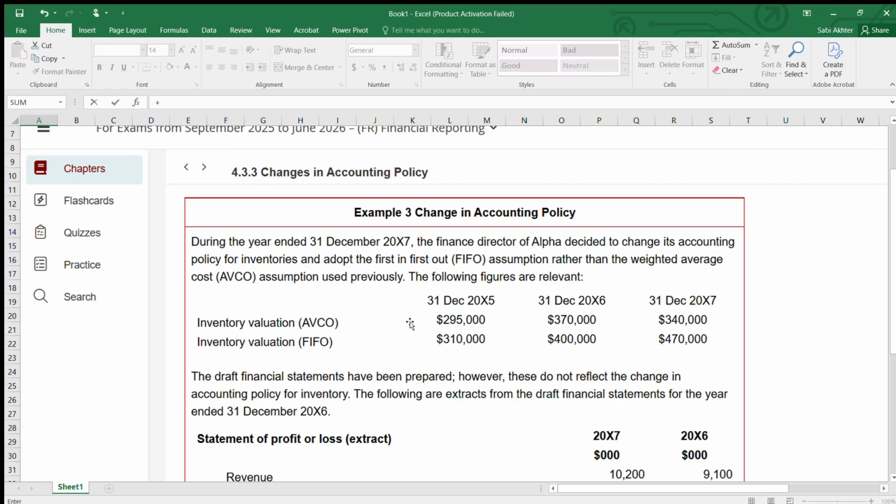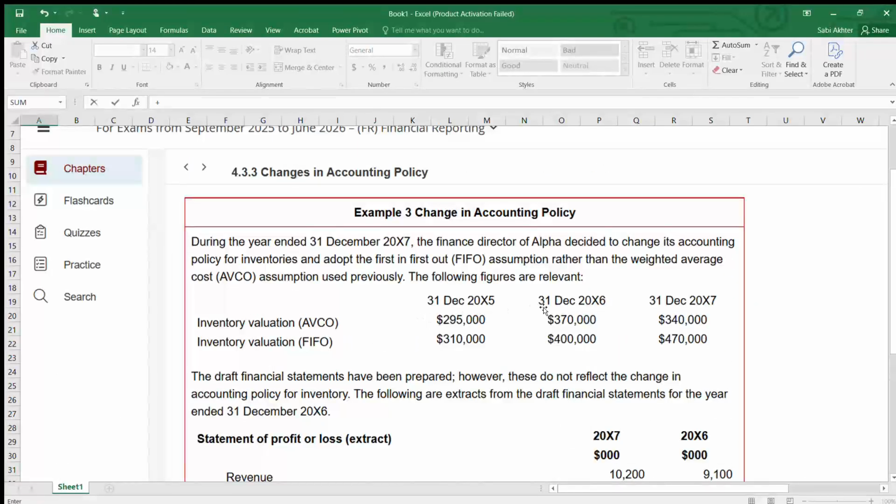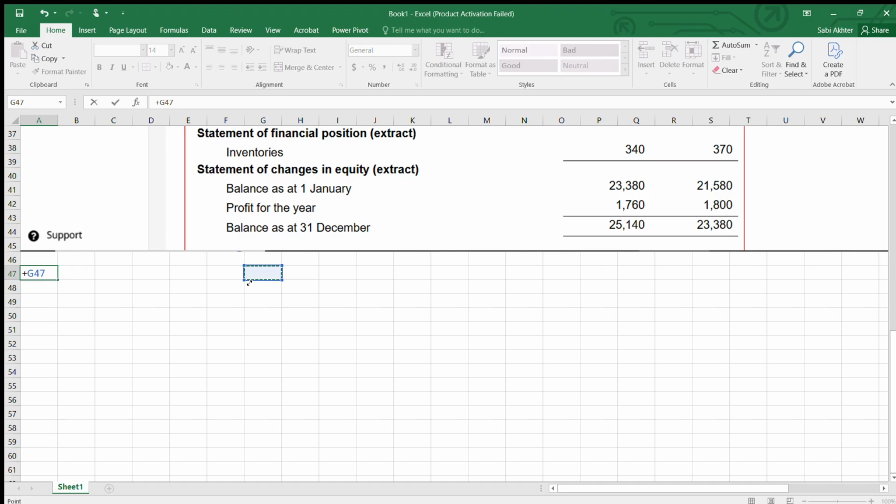So right now what I'm going to do, the current year, that is 2007 and 2006, you need a comparative year. I'm going to write the inventory, the opening and the closing balance, to find the effect on the cost of sales based on weighted average, that is my old method, and FIFO, that is my new method.